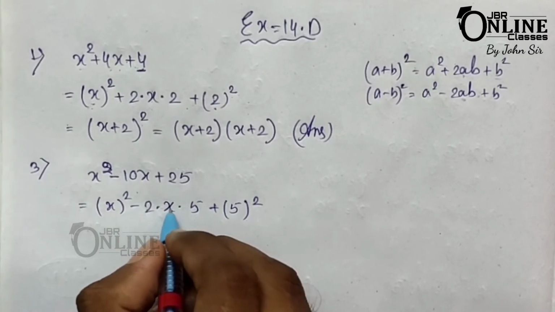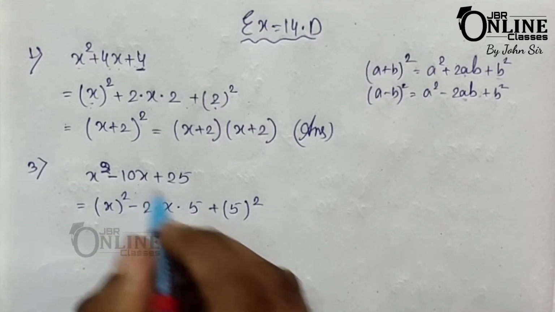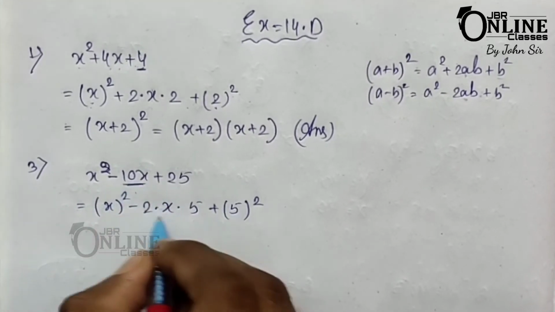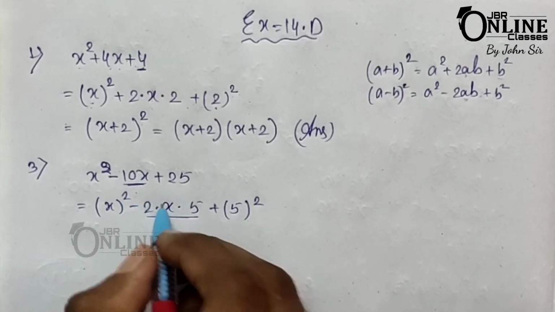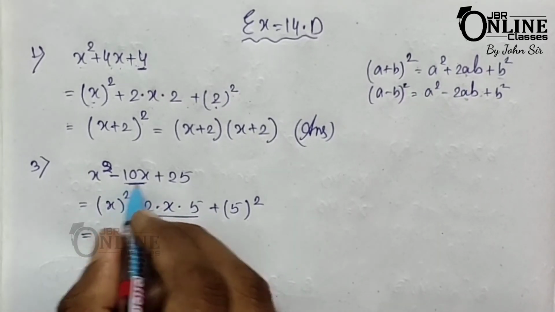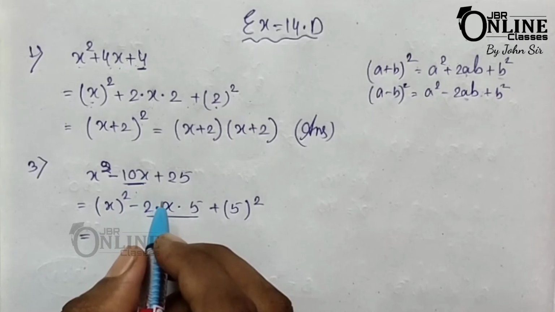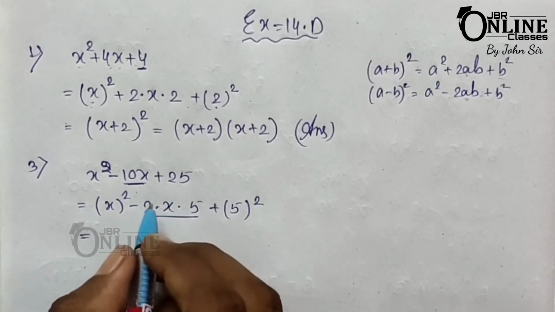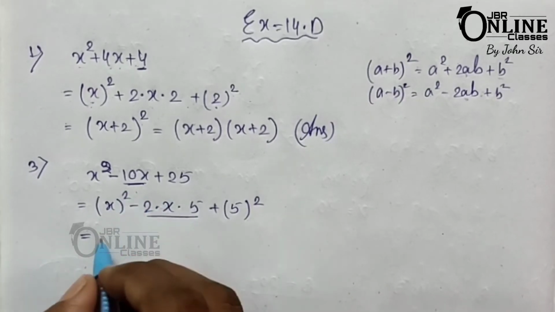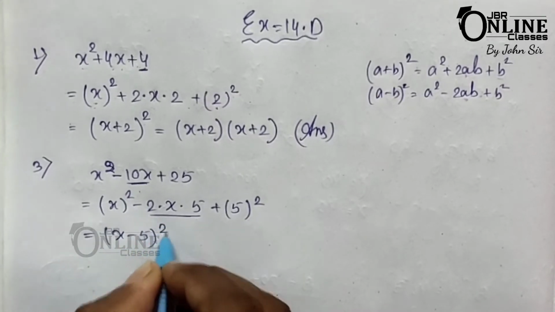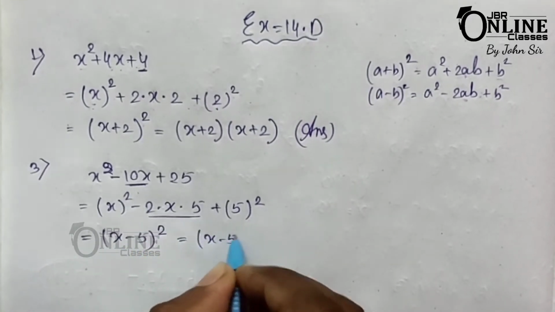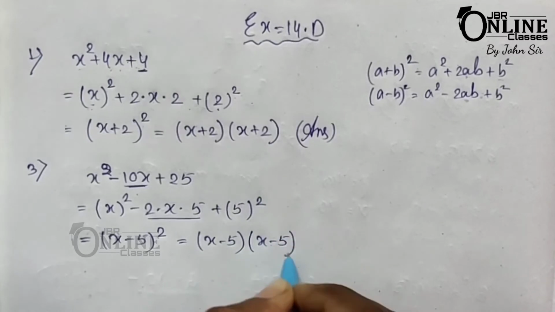Now 5 into 2 into x, that becomes 10x. Always check it. These two terms will always be the same. If it is not the same, then it might be a wrong process that is going on. So here x minus 5 whole square, that means x minus 5 into x minus 5. That is the answer.